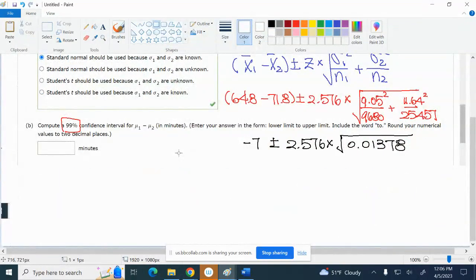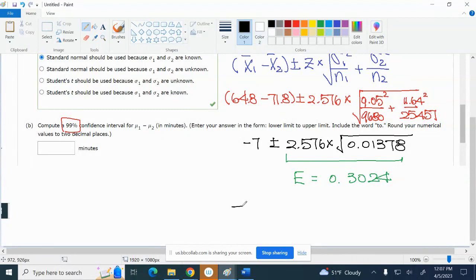Now let me take E, the margin of error. The E: 2.576 times the square root of 0.01378.